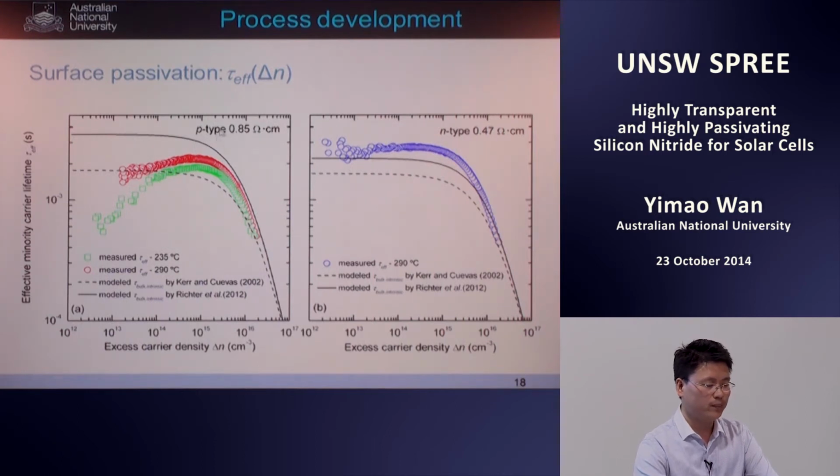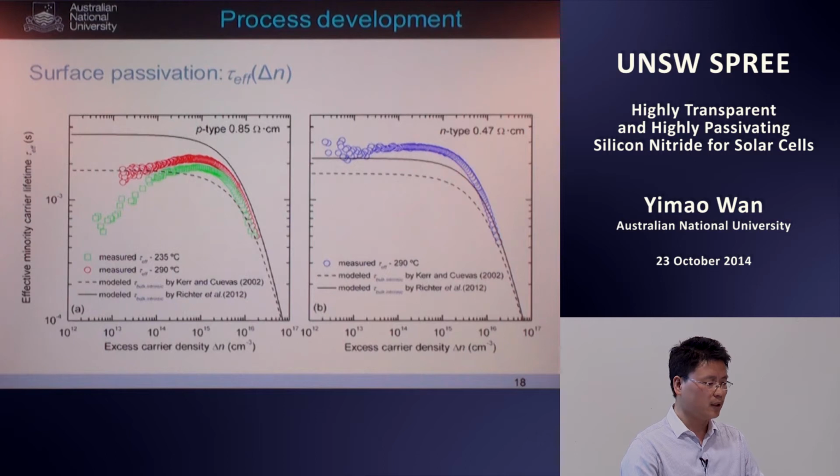For the p-type wafer, over quite a broad range the lifetime is above the Kerr limit, but well below the Richter limit. And for n-type, the lifetime measured in our work is well above both limits, which means both the old model and even the recent one proposed by Richter have some overestimation of intrinsic recombination in the bulk.